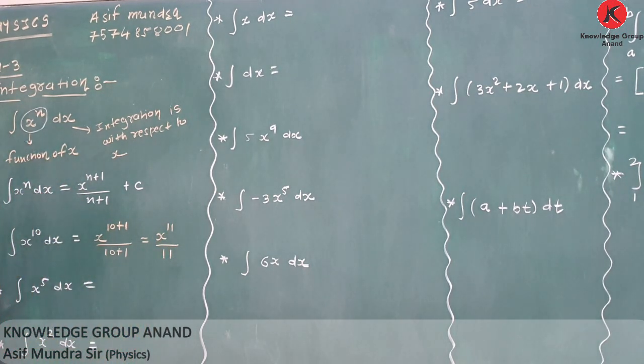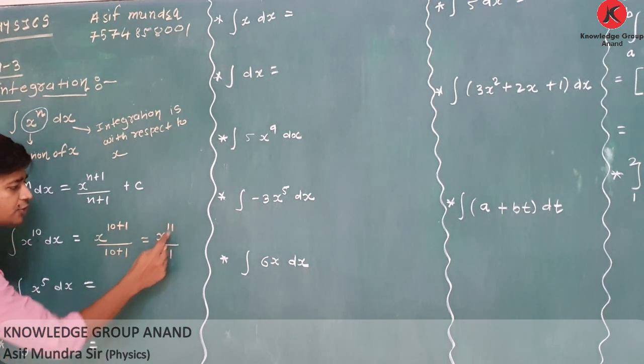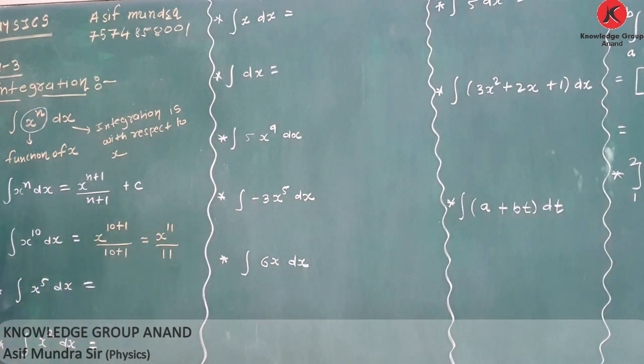Clear? It is very easy. Add one to the power: 10 plus 1 means 11, and that power you write in the denominator.